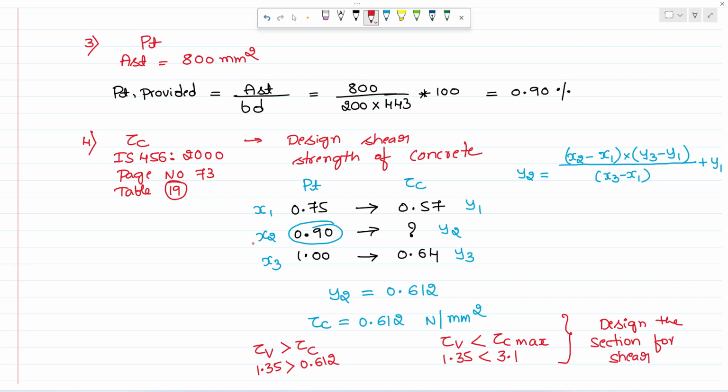You can proceed for shear design. If otherwise, if tau v is greater than tau c max, then you need to revise the section. Clear?